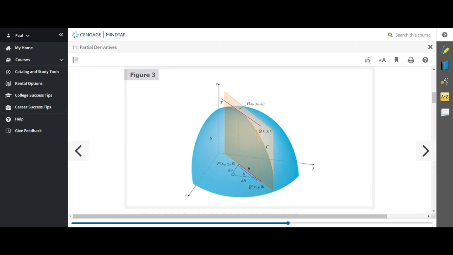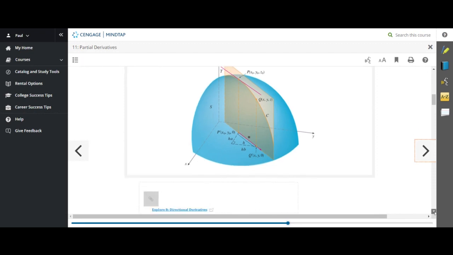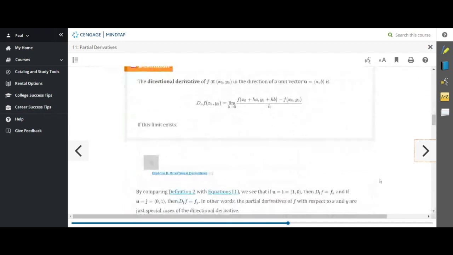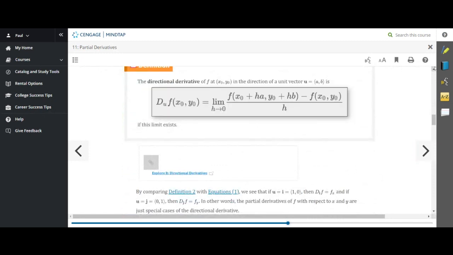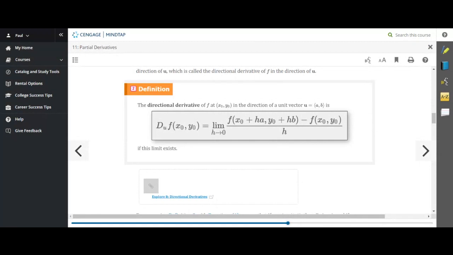Okay, so you see, if we wanted to get a definition for what's called the directional derivative, in the direction of the vector AB, that's going to be your directional derivative. Okay, you see that?